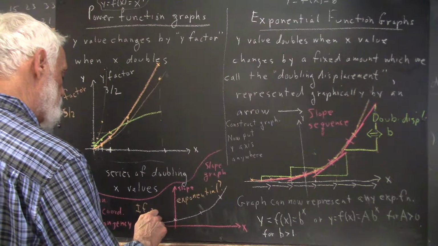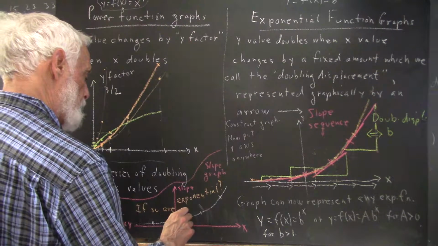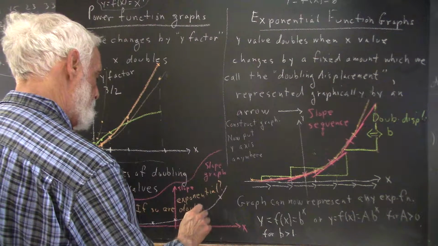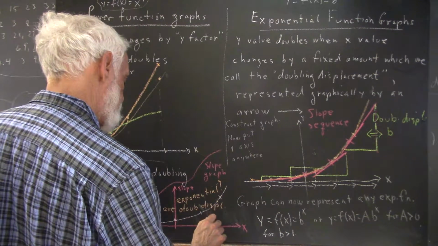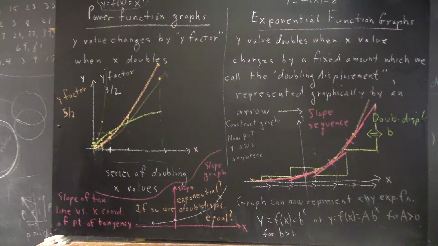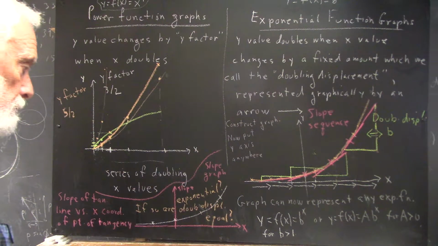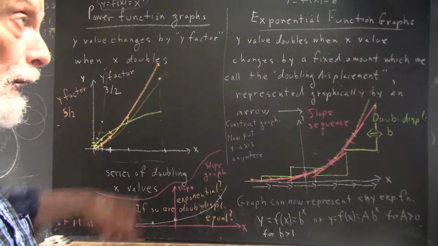If so, are the doubling displacements equal? And maybe, if not, just what kind of graph is this? Could this possibly be a power function graph?